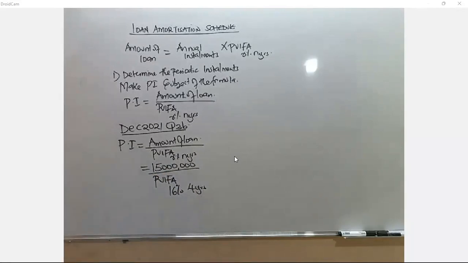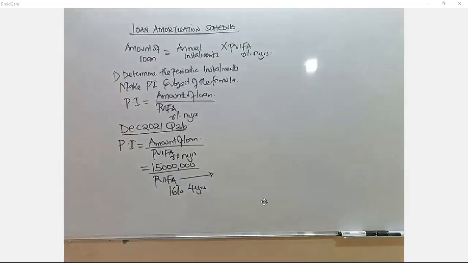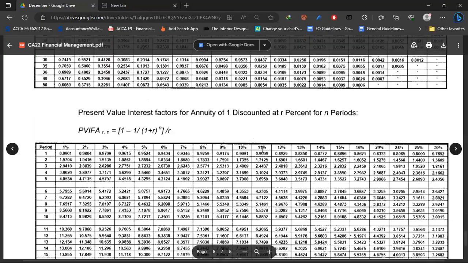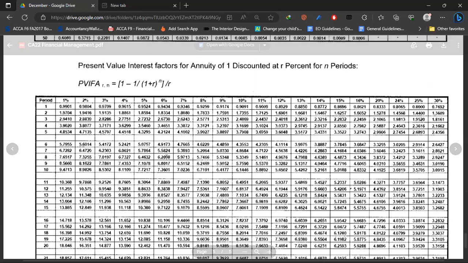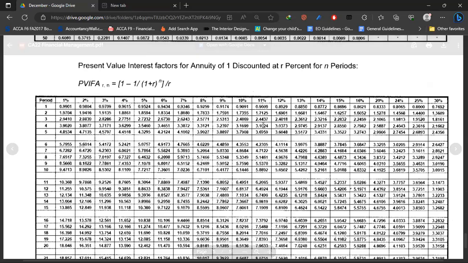When I go to my annuity table, I will be able to get this one. Let me see if it has it. Yes, it has. So we are discussing 4 years, 16%. I go with these lines. 2.7982.